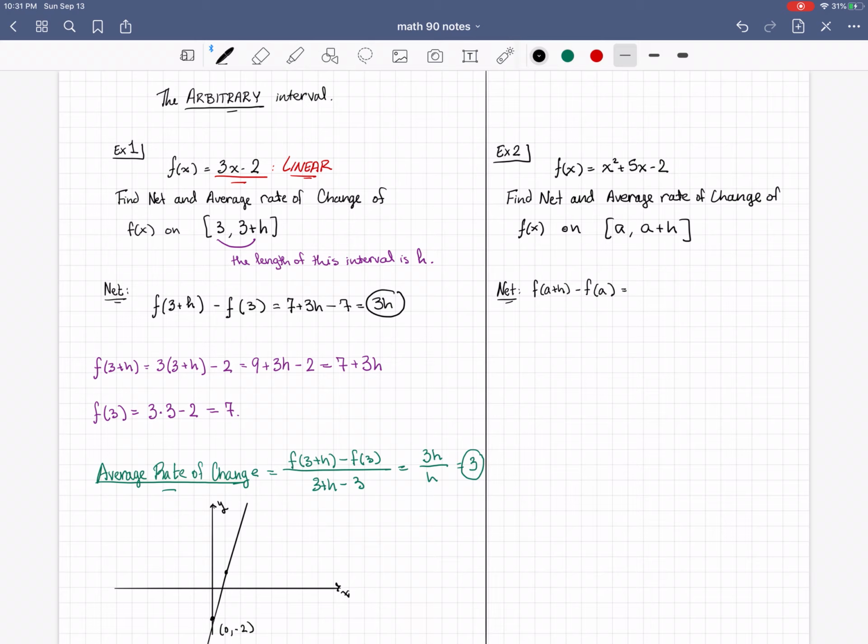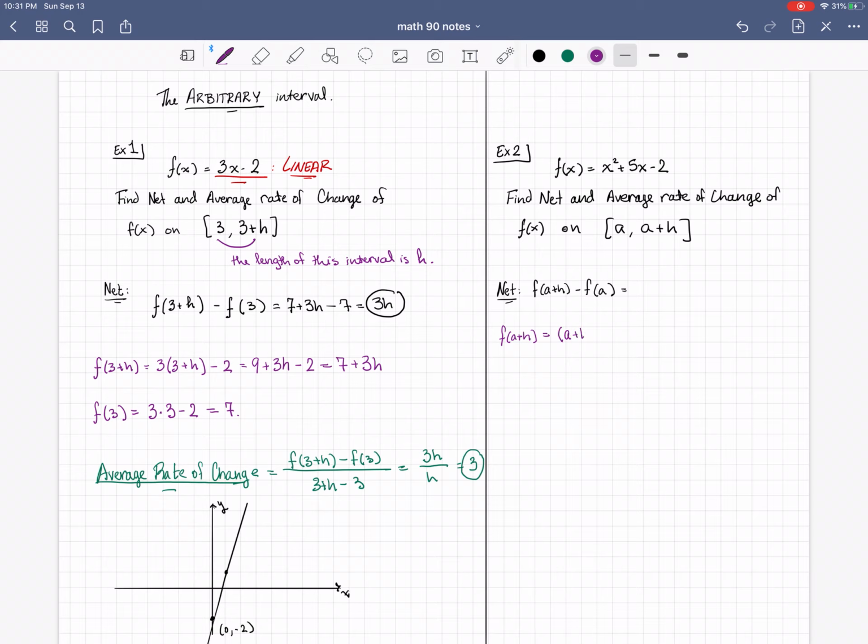And again, this is a situation in which your work from homework 5 on just function basics becomes handy. So f of A plus H is probably something we should work out before we dive into finding the net change. So we're going to put and do to A plus H everything this function does to x.